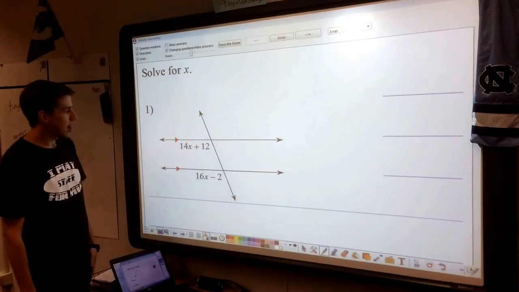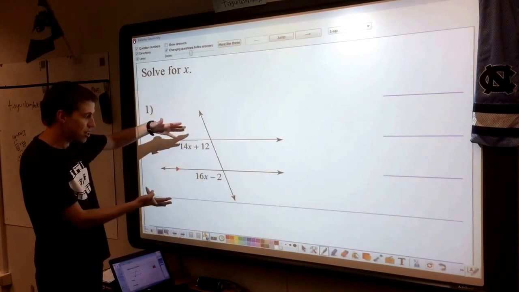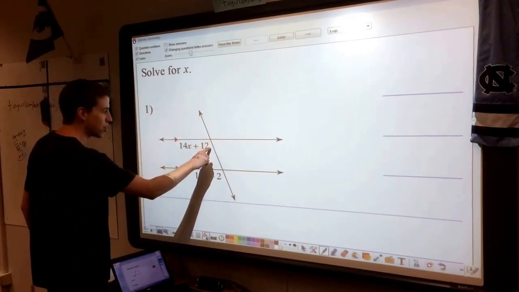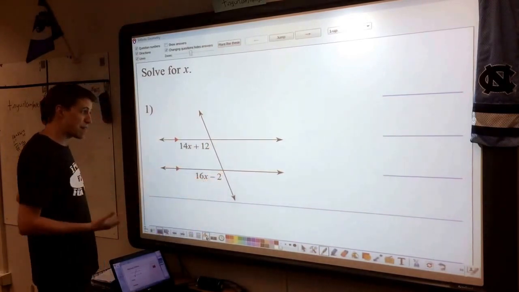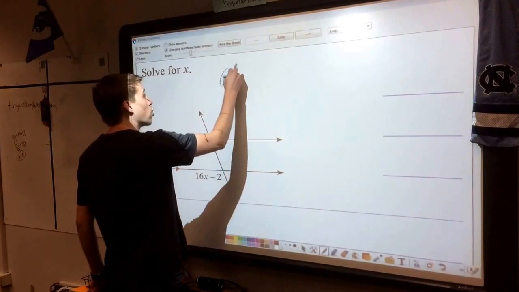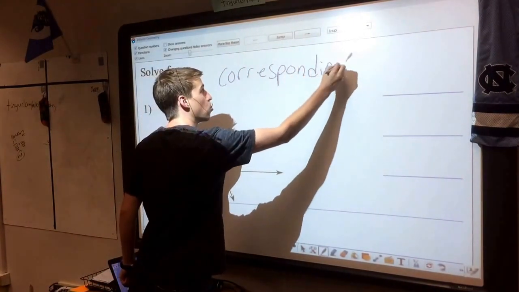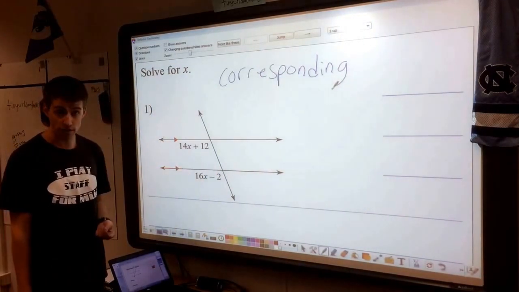So right here, I see that these two angles are both in the same position, but on a different vertex. This one is down and to the left, this one is down and to the left. That means that these are corresponding angles. And in our math, we know these two angles are congruent.